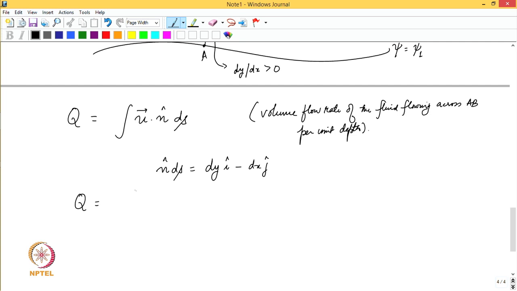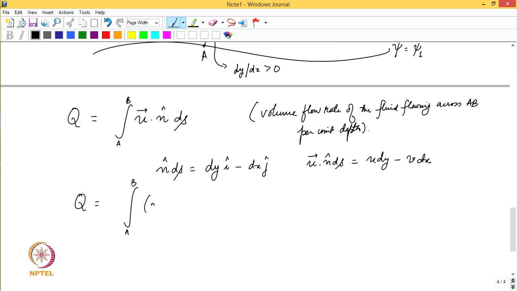So, q would be, now remember it is u dot n ds. So, clearly u dotted with n ds would now be u dy minus v dx. So, u dot n ds will be u dy minus v dx, and now we can integrate over the path a to b.